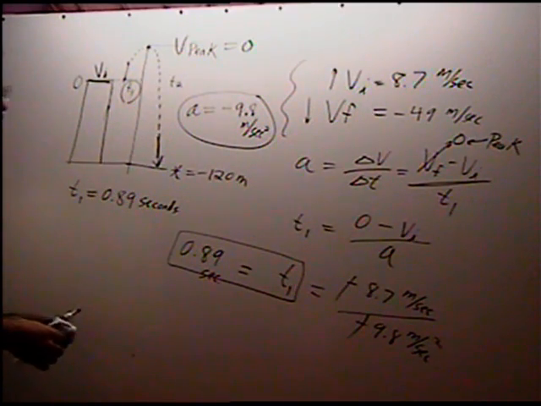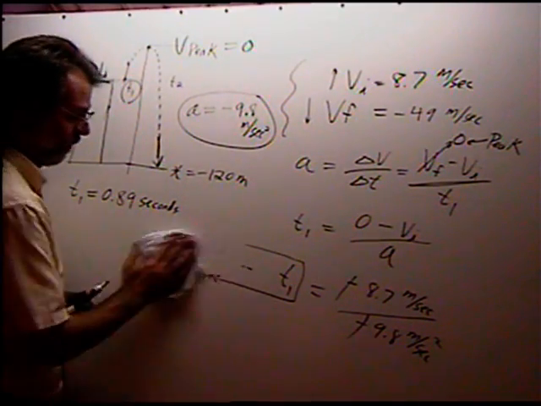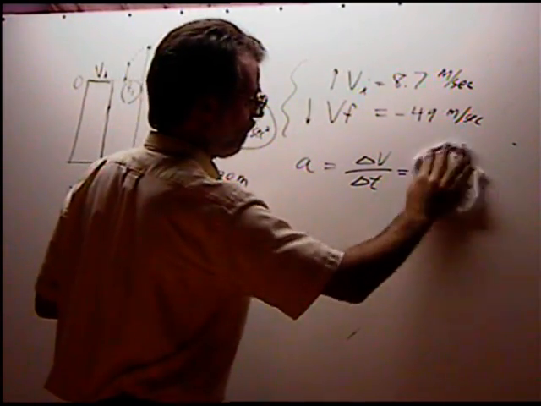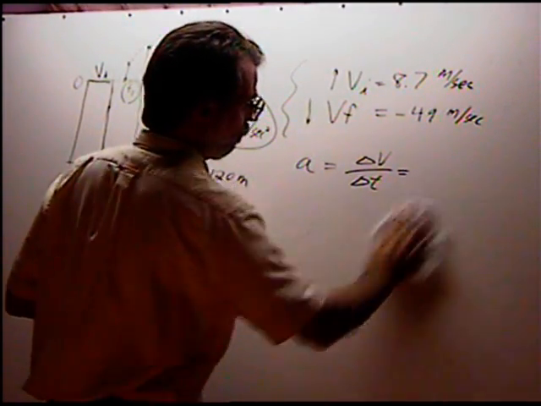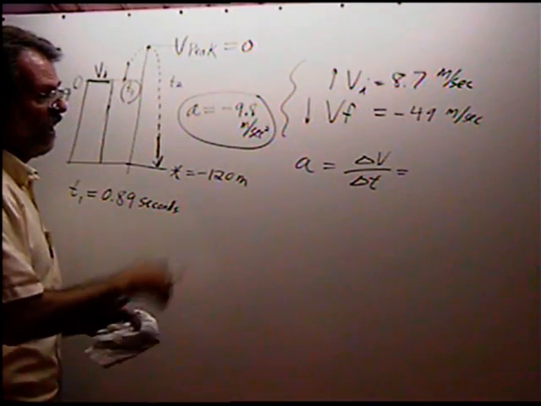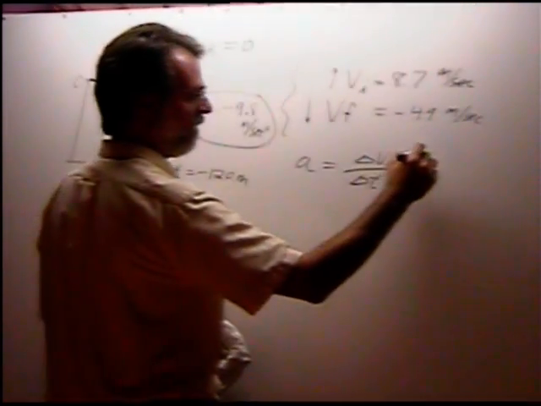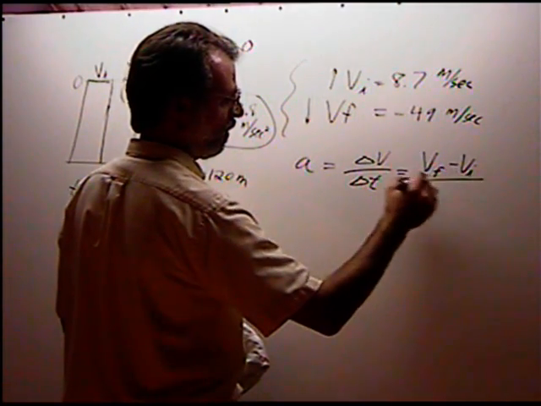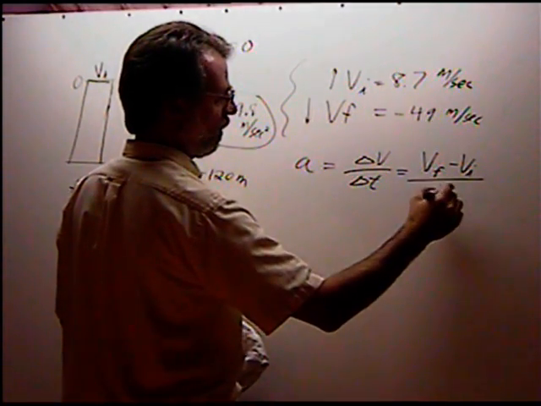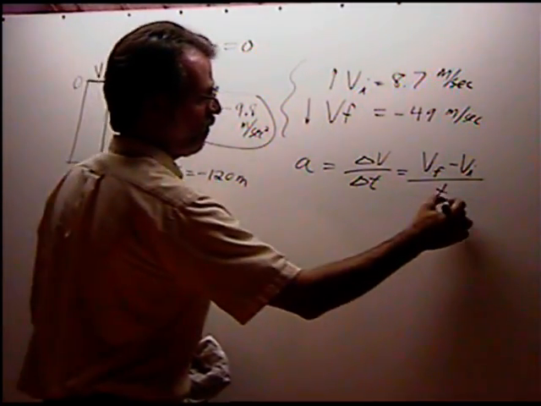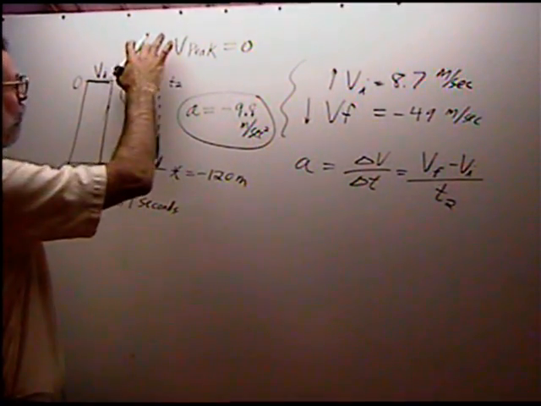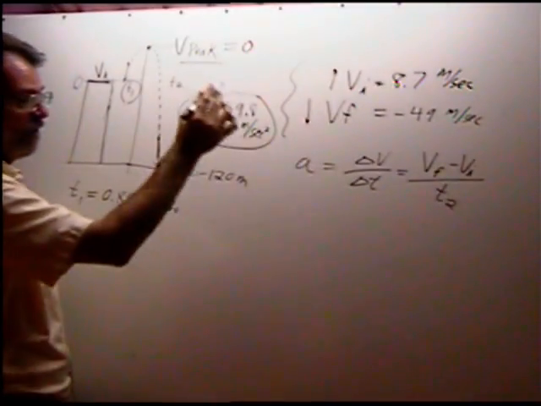All right, well, how do we solve for T2? We go back to this basic equation here, and we do the same thing. It's the final velocity minus the initial velocity, all divided by t, in this case T2. The initial velocity right at the peak is 0.